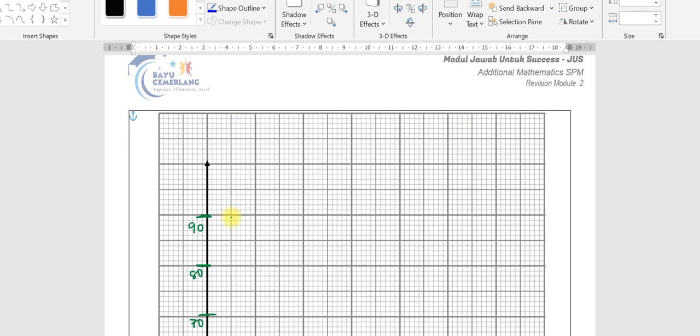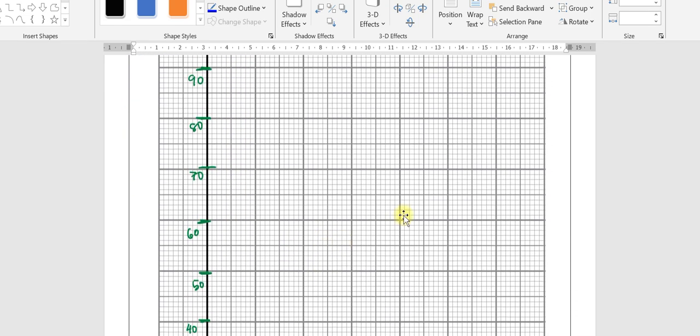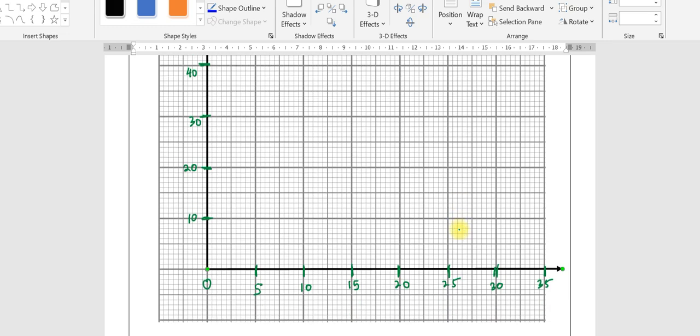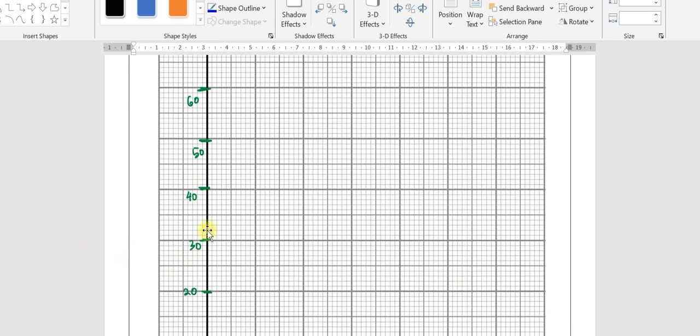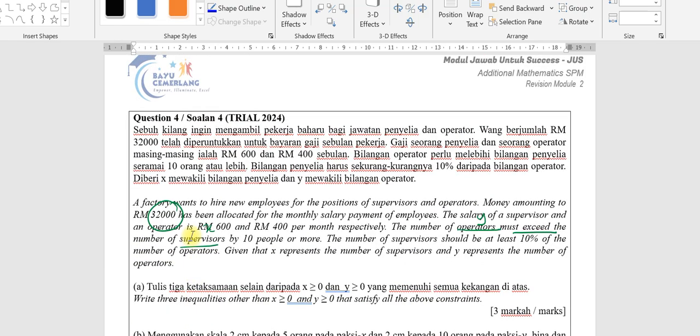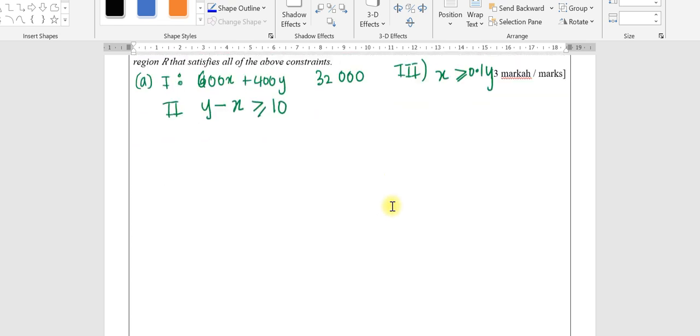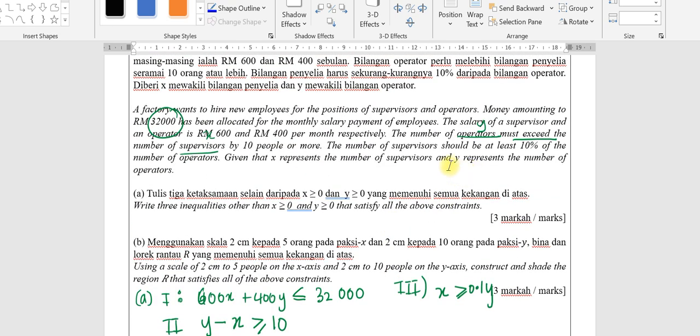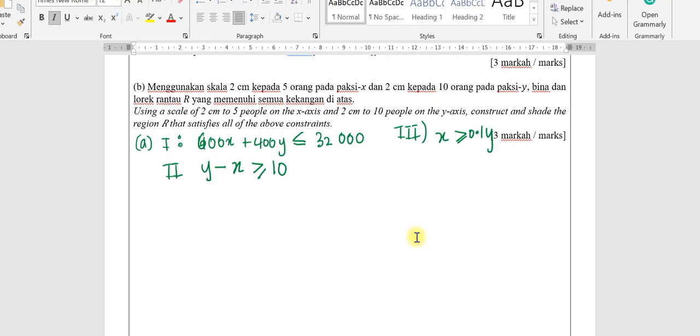Then I need to label the axes. Sorry, supervisor should be x and operator should be y.